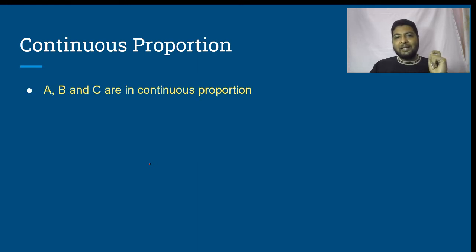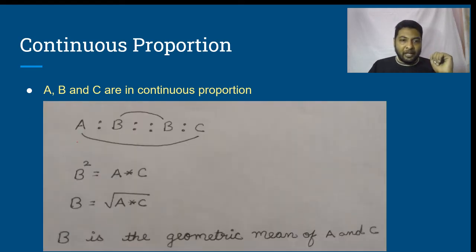If I say A, B and C are in continuous proportion, it means A is to B as B is to C. That is, by using the previous concept, product of extremes is equal to product of means, B into B, B squared is equal to A into C. B is equal to square root of A into C. In other words, B is the geometric mean of A and C. Is that clear? This is the meaning of continuous proportion.